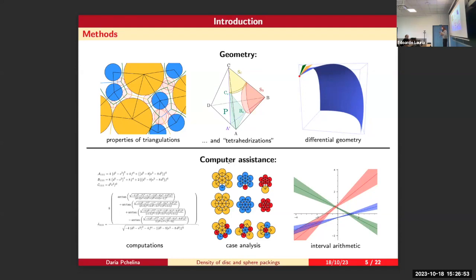We also study the functions which reflect the geometric properties of such objects, which are really complicated functions. We use some tools to study these objects, for instance differential geometry.